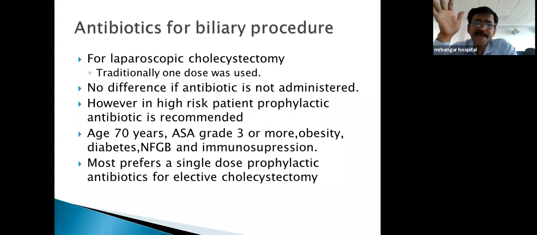But it has been studied that there is no difference in SSI outcome if you don't administer any prophylactic antibiotic. But in high-risk patients, like patients more than 70 years, ASA grade 3, obesity, diabetes, non-functioning gallbladder, or immunosuppressed patients, most prefer a single dose of prophylactic antibiotics for elective laparoscopic cholecystectomy.